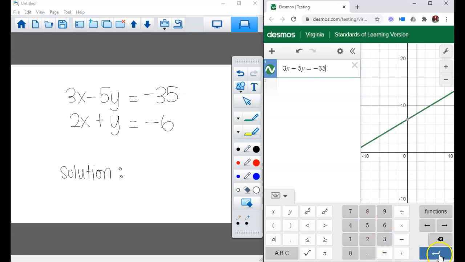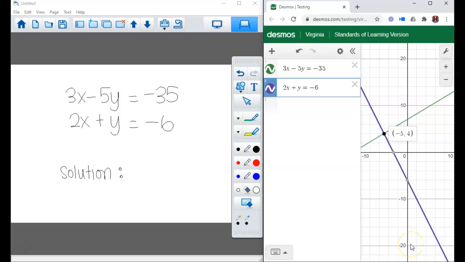So there's that. That's the green line. And then we're going to do 2x plus y equals a negative 6. It's done that one in purple. So again here I'm looking for where the green line and the purple line intersect, which is right there. It's at that one point. So my solution is a negative 5, positive 4. That point is the solution.